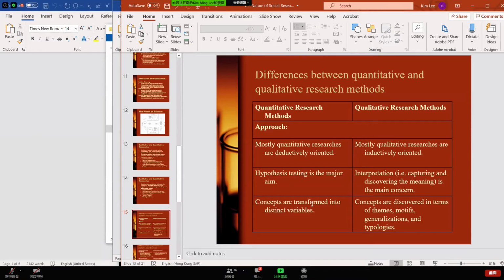And concepts are transformed into distinct variables. For example, when you talk about education, you can transform it into, say, in Hong Kong, primary education, secondary education, and tertiary education, something like that. Or you can conceptualize it differently in terms of years of education. You may ask people, how many years have you been in school? Or maybe it's quite different in Hong Kong from in Germany.